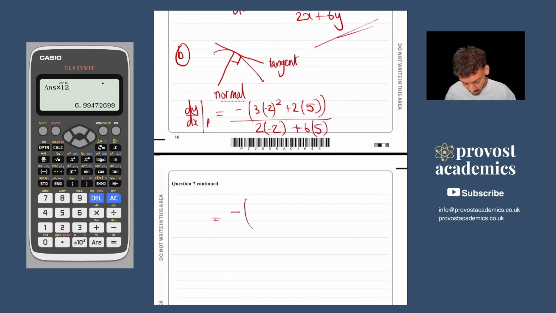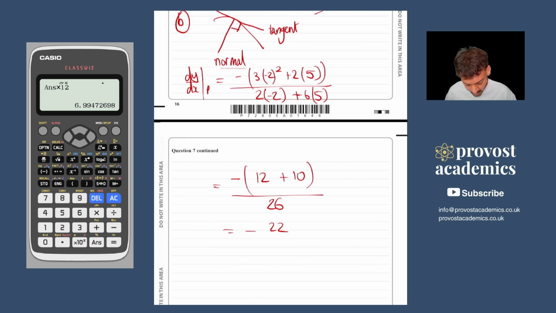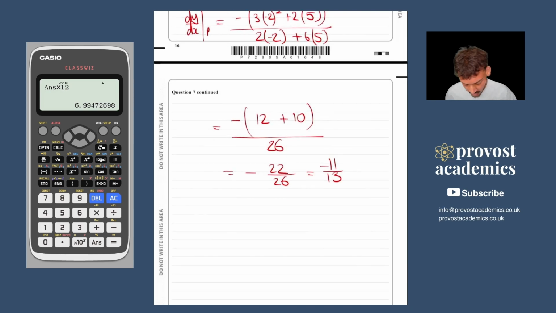So we have 4 times 3, that's 12, plus 10 over minus 4 plus 30, that would be 26. So we have minus 22 over 26. We can simplify this further, so that would be minus 11 over 13. And that's the gradient m of the tangent.